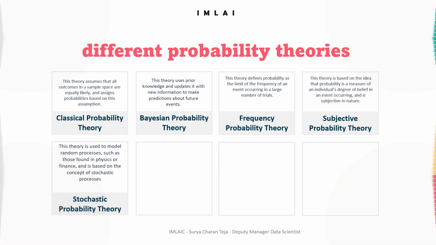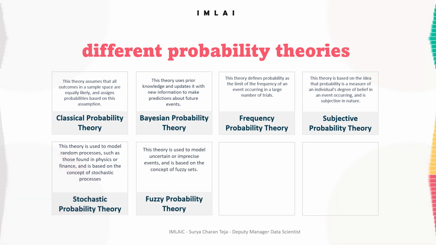So then after that, what we have here is fuzzy probability theory. This theory is used to model uncertain or imprecise events, and is based on the concept of fuzzy sets.